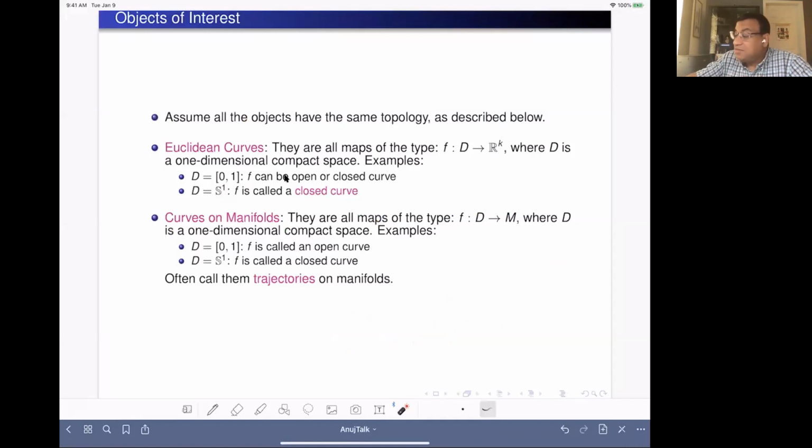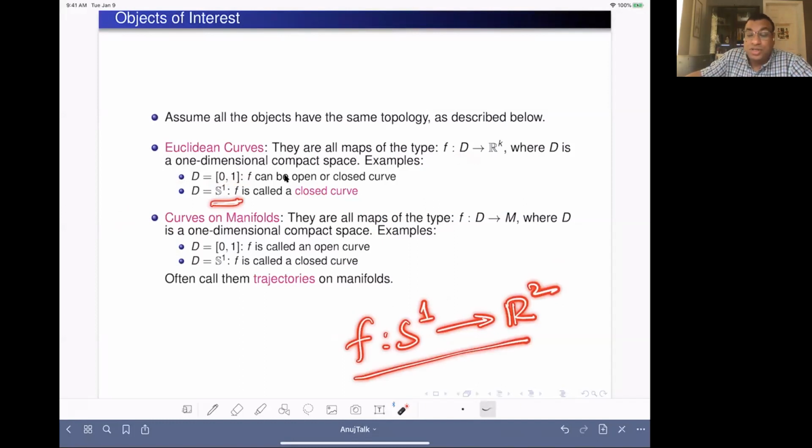The domain, sometimes when we have curves that are not closing on themselves, we use the domain which is an open interval. When we have closed curves, we use the domain to be a unit circle. So this is the representation we use for simple closed curves in a plane, because it's more natural, because they have no corners, these closed curves. So their domain S1, the unit circle, also has no corners.